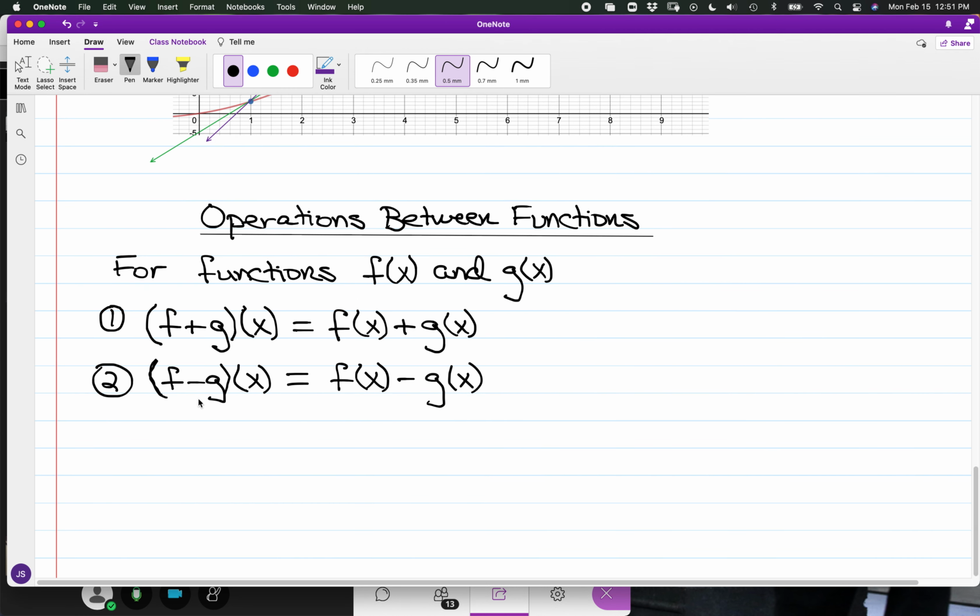For the product function, if I have f times g of x, we're going to have f of x times g of x.